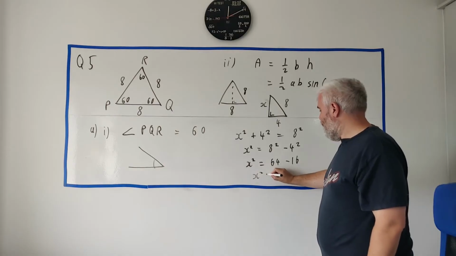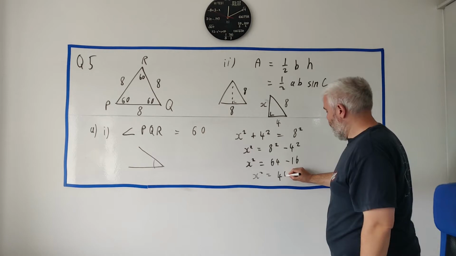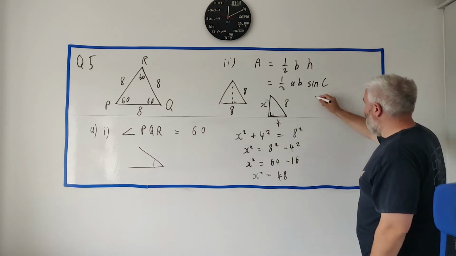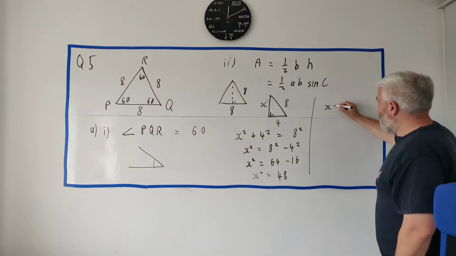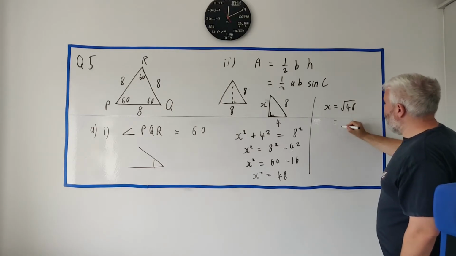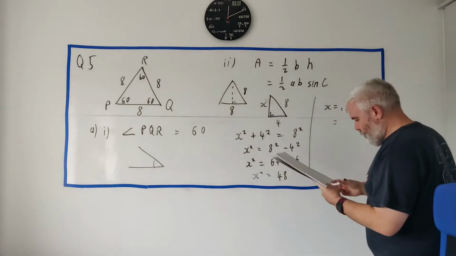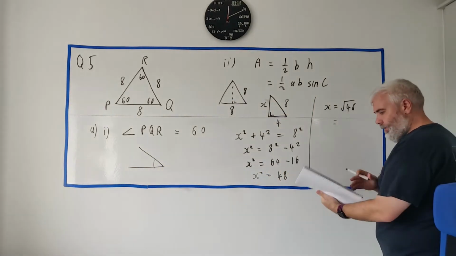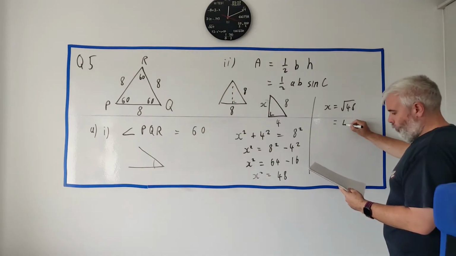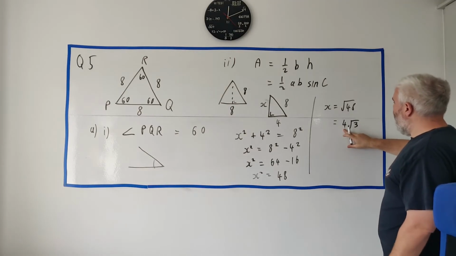X squared is equal to 48, and that means x is equal to the square root of 48. And if you go ahead and put that into your calculator, it will tell you that the square root of 48 is 4 multiplied by the square root of 3. Let me just double check that.